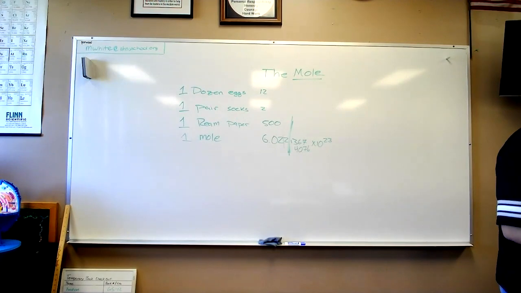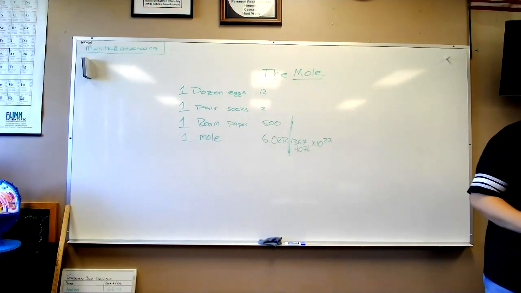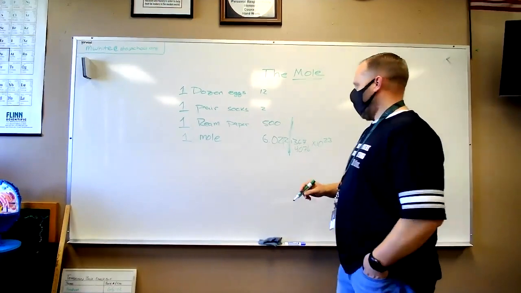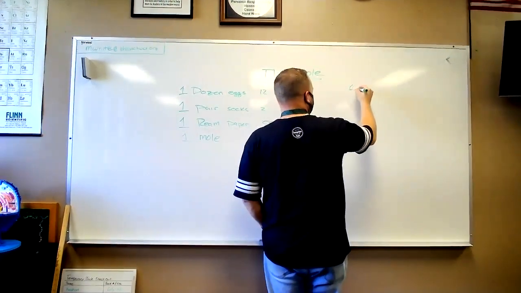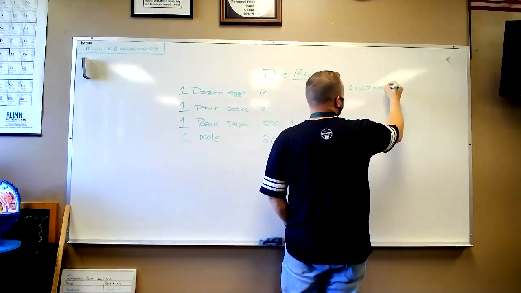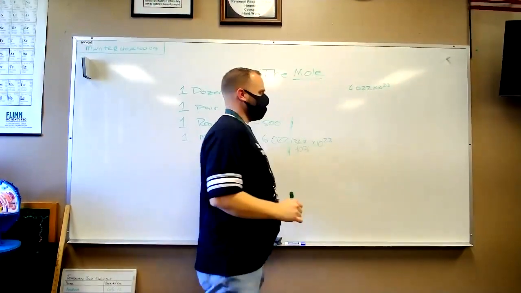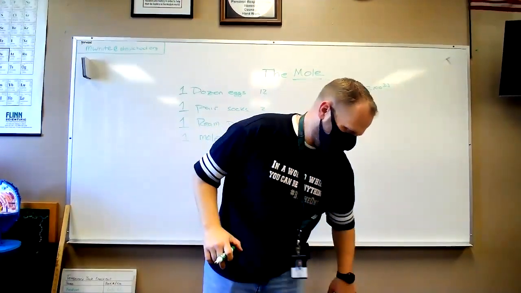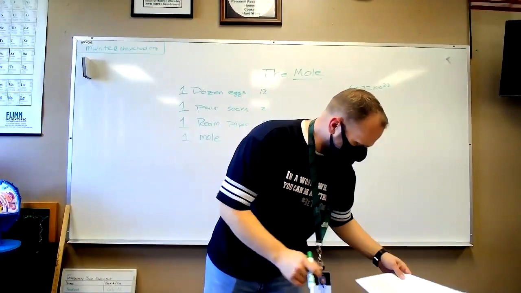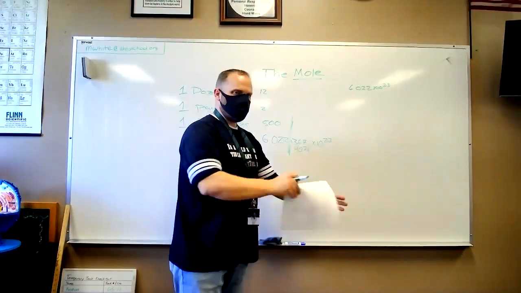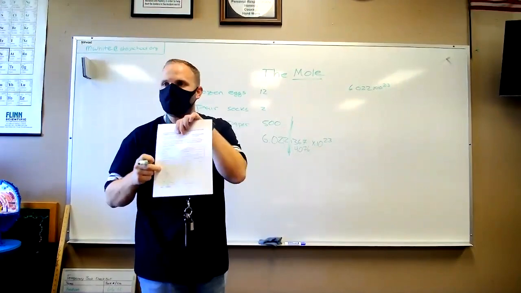Usually, when we are talking about a mole, we're going to say 6.022 times 10 to the 23rd. And if you notice, that number is right there for you on the test.